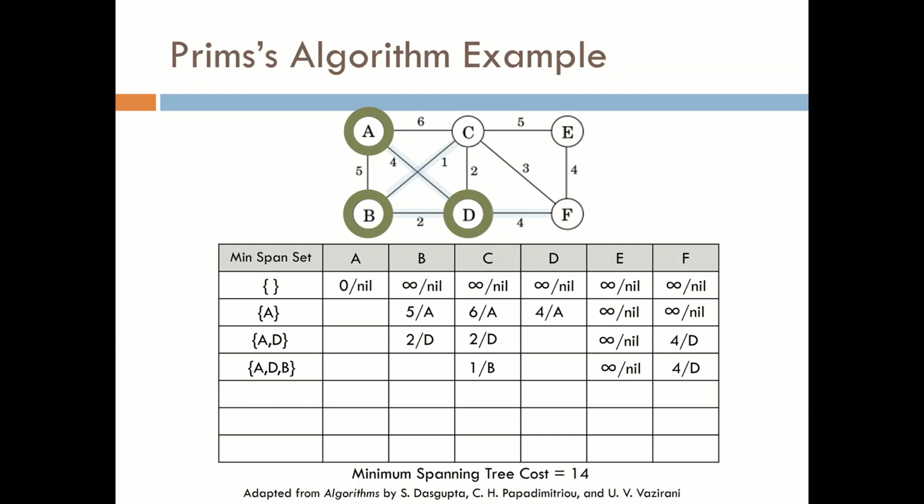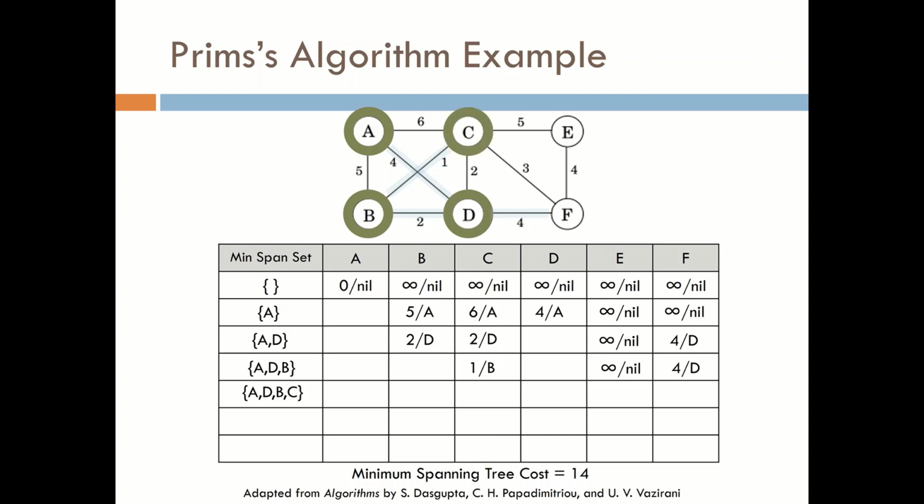So now as we look at this, we have C, and that is our next one that we will pull off. So we pull off C, and we evaluate the other nodes.